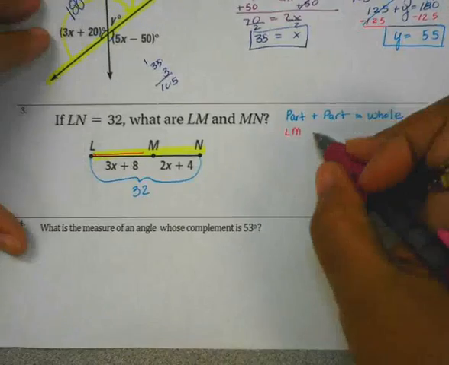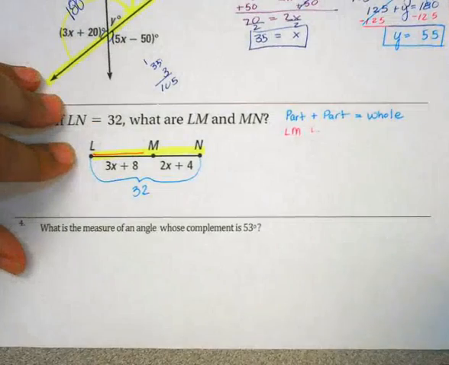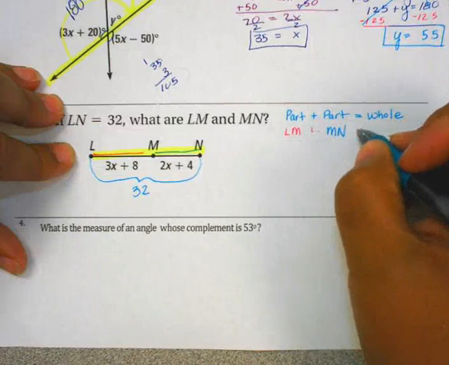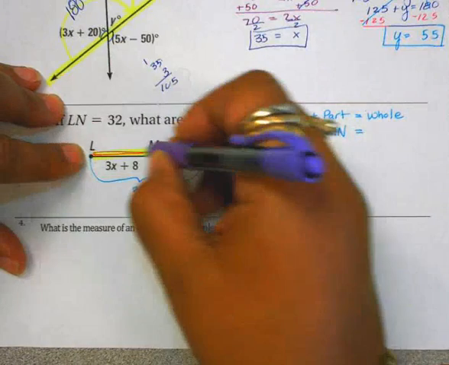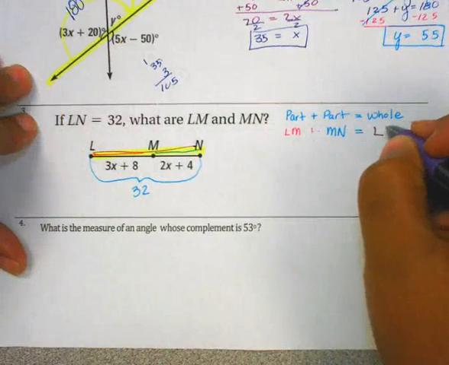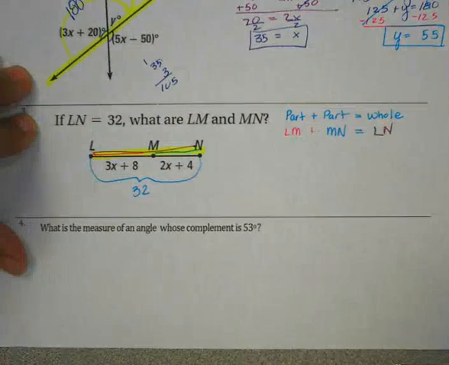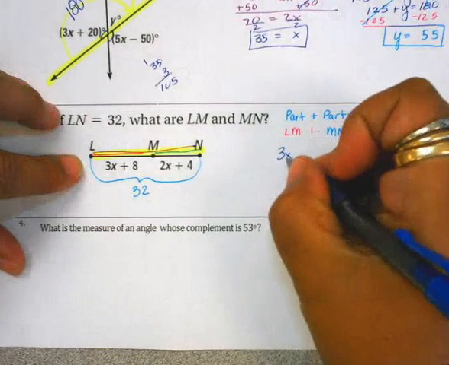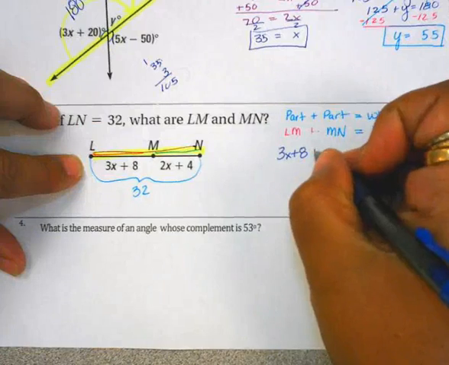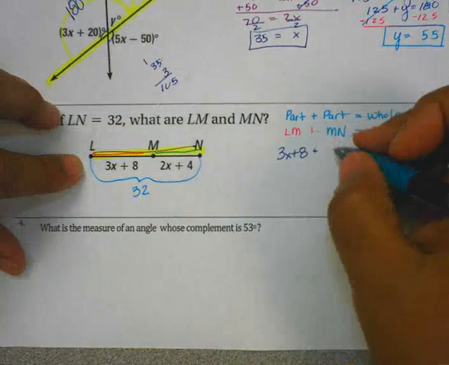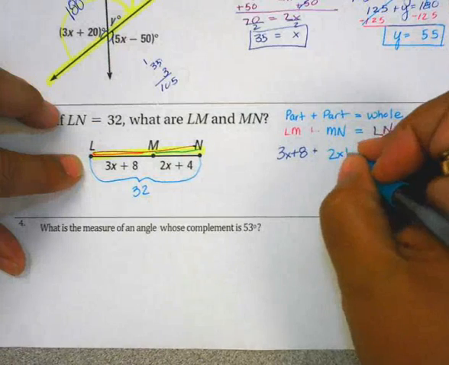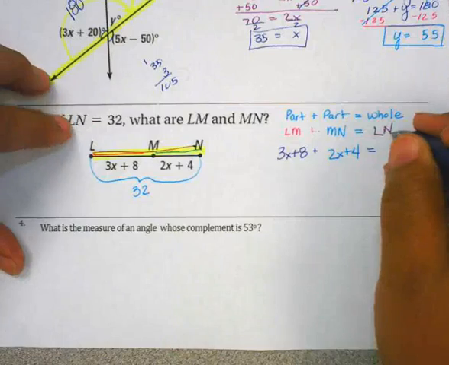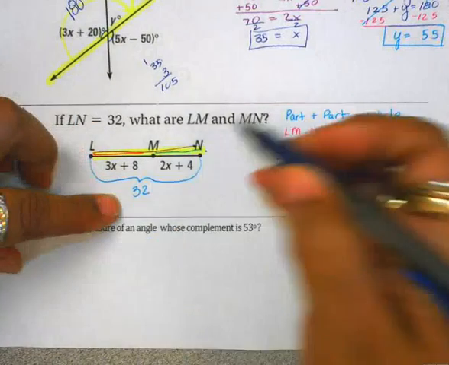My second part is MN from here to here. And it equals the whole, which is LN. Now let's substitute in our values. LM is 3x plus 8 plus MN, which is 2x plus 4. It all equals the whole, and LN, which is 32.